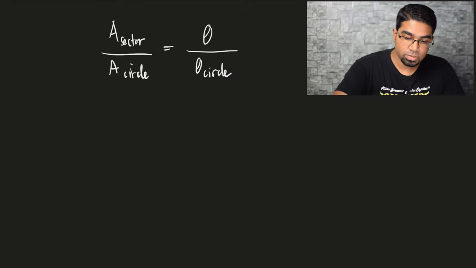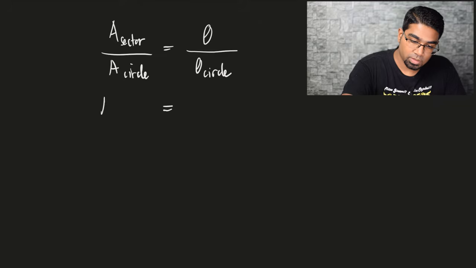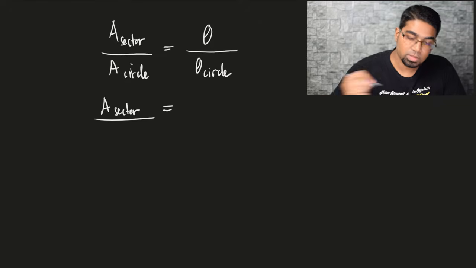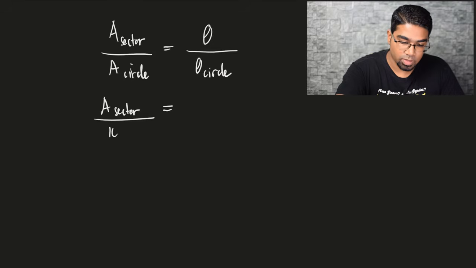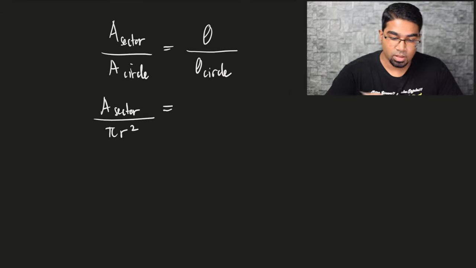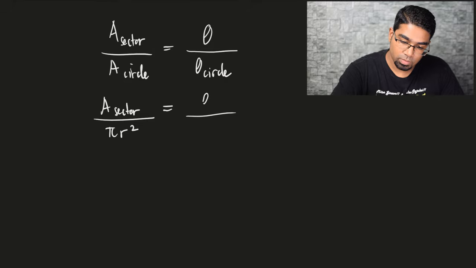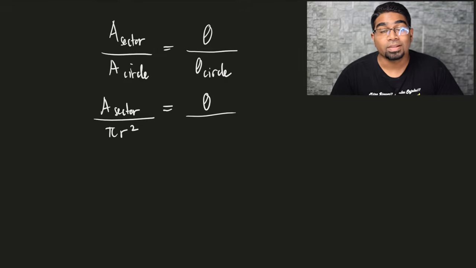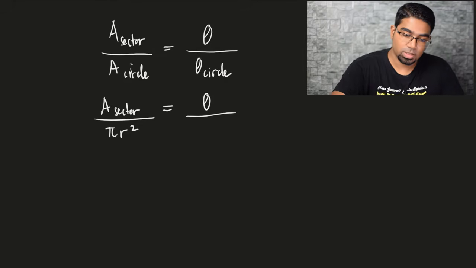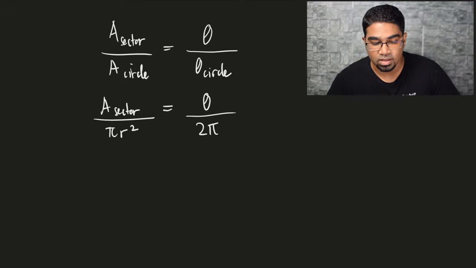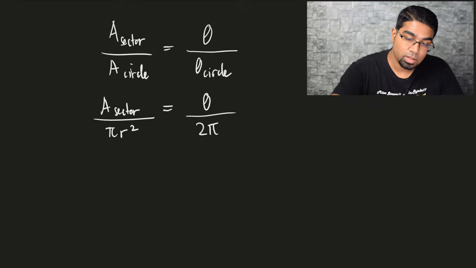Now let's fill in the values. Area of sector over the area of circle, and the formula for area of circle is pi r square, so let's use pi r square. Now the angle, this is a variable, but the angle of a circle is 2 pi radians. So take note that we are using radians here, which means the value of theta must also be in radians.